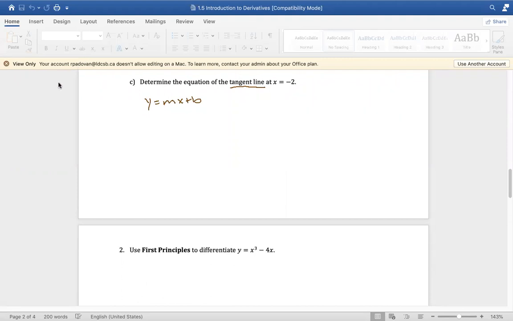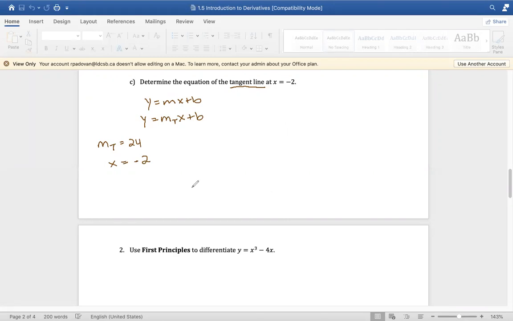So I already have my slope of the tangent line. So because this is the slope of the tangent line, we want to write it out as m with a little capital subscript t, x plus b. So I know my slope of the tangent line is equal to 24. I know my x value is equal to -2 because it told me. So I have b and y to figure out. Well, I can't figure out two unknowns. There must be one that I can solve for.